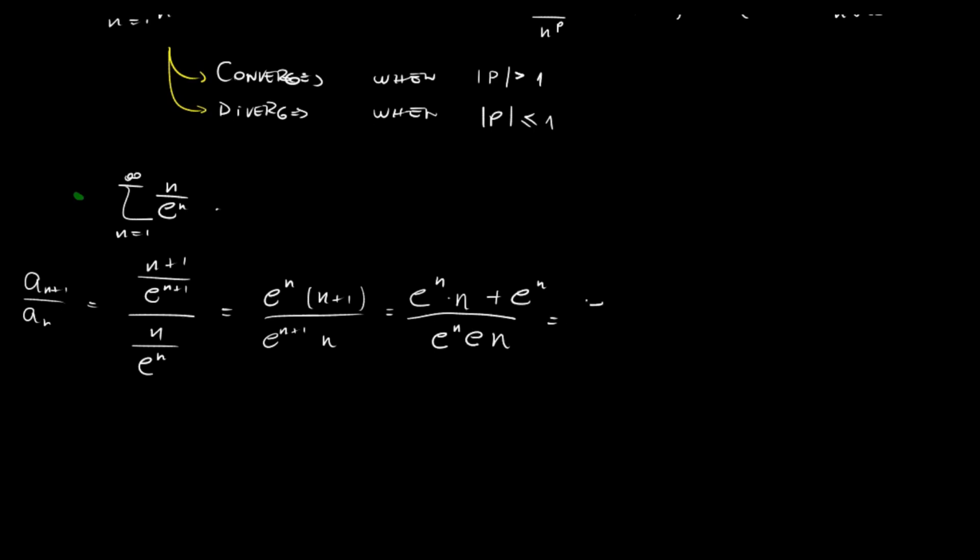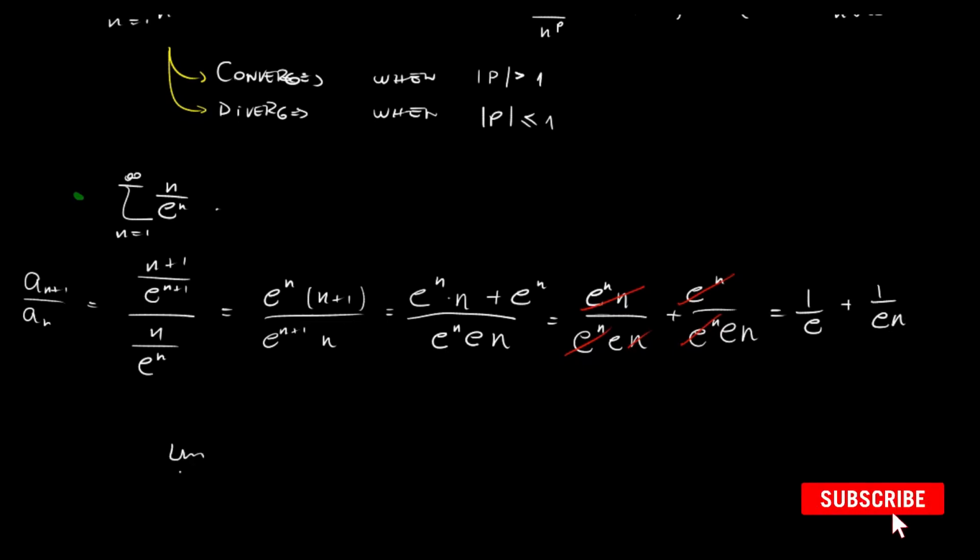So now we can write it as e to the n times n divided by e to the n times e times n, plus e to the n divided by e to the n times e times n. Now, these two terms cancel out, and here this one cancels out, and so we have 1 over e plus 1 over e times n.